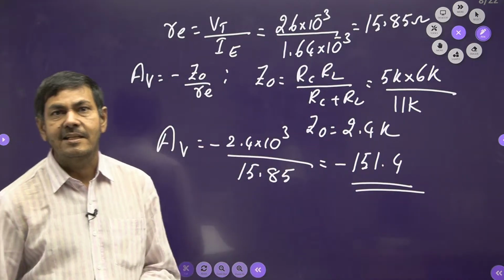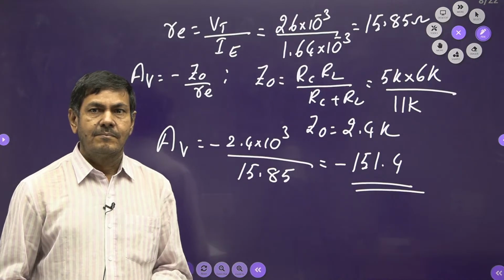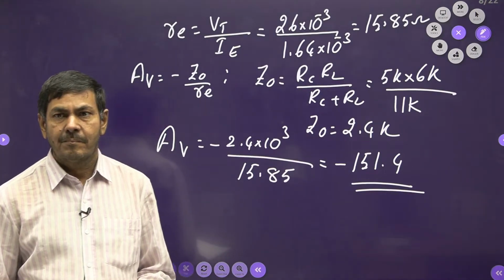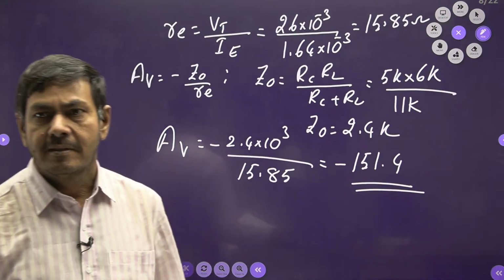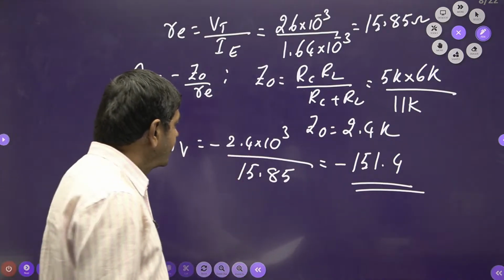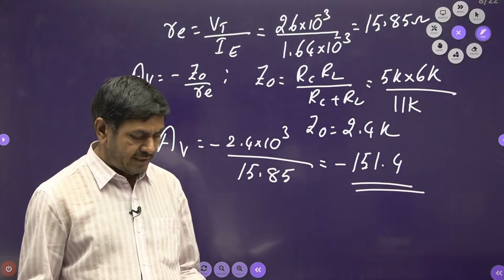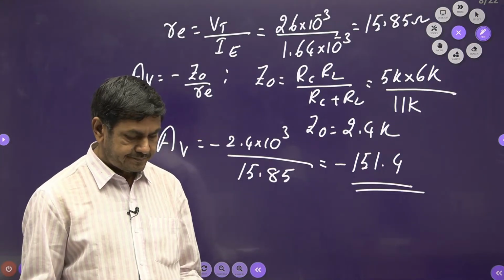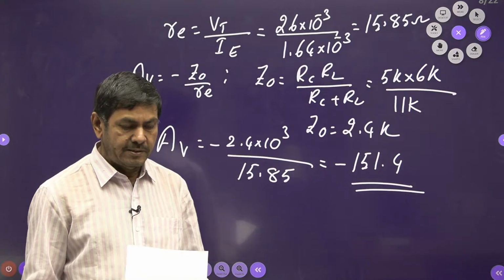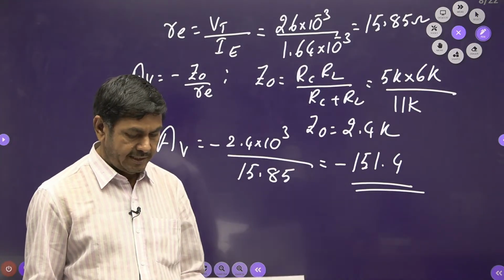That much voltage gain is possible. I think every student might have followed the way of doing this question, but it is direct formula application only, nothing more than that. Understand my point now? And one more question I will do here now. You will get some idea.